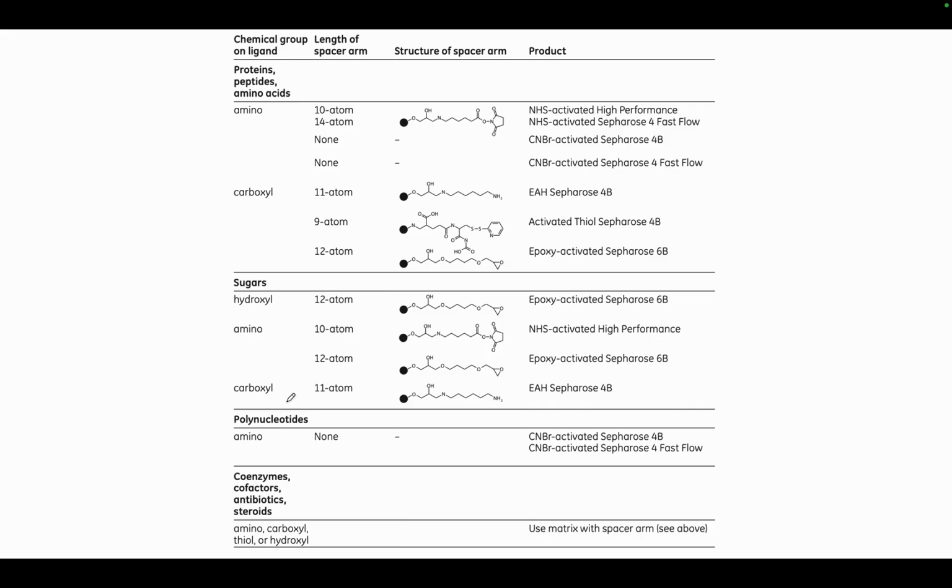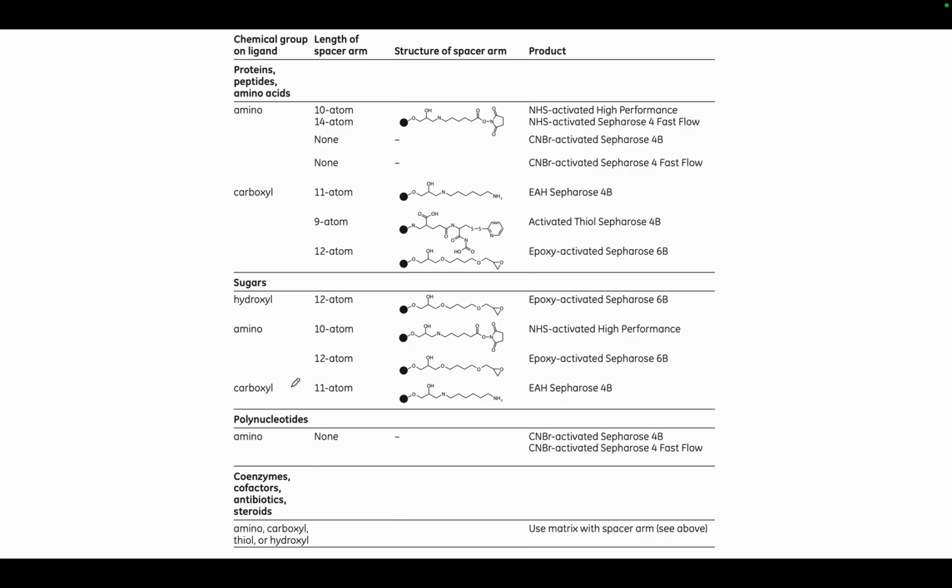If I want to add a polynucleotide, say, for example, I want to separate mRNA. This would be a very common example. I know my mRNA will have a poly A tail at the end of it. So, what if I just have a column in which I've added poly T oligonucleotide?